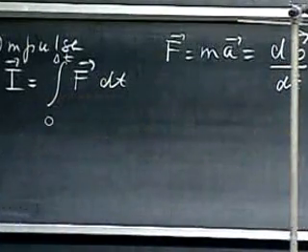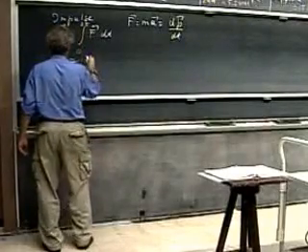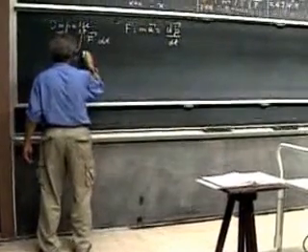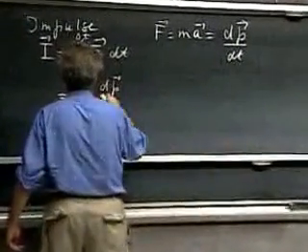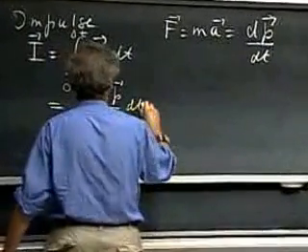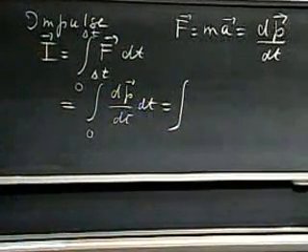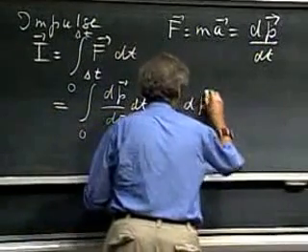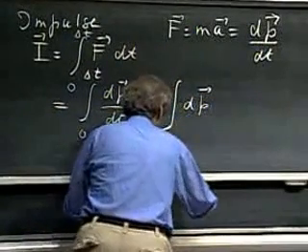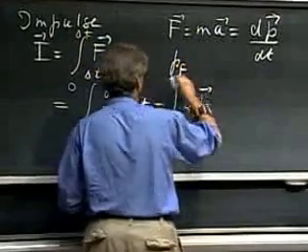The rate of change of momentum, and so I can substitute that in here, and so I find the integral from 0 to delta t of dp/dt dt, and that makes me move to the domain of momenta. So I have now simply the integral over dp from some initial momentum p_i to some final momentum p_f.